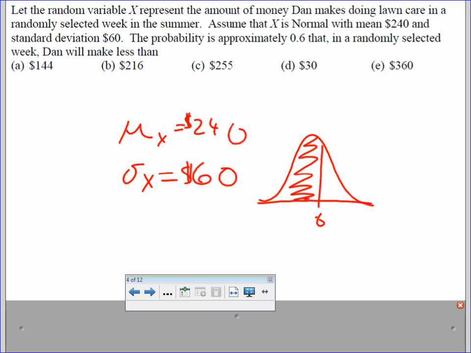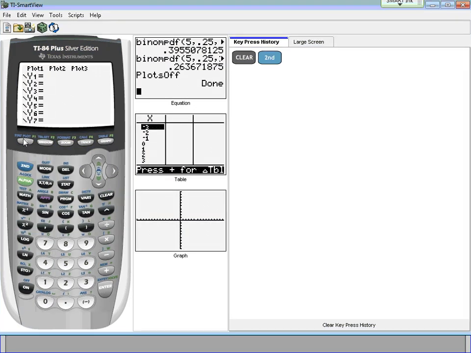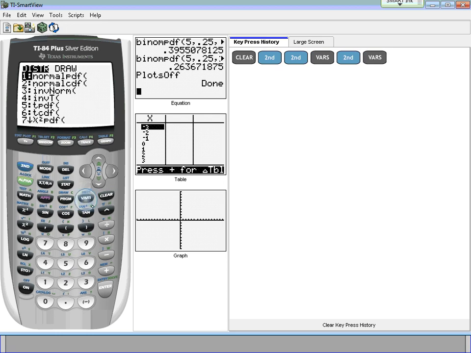And so if you use your calculator, we're going to clear that. What we'll do is we will go to distributions, and we'll go to inverse norms. Area is 0.6. Now remember, this is the only place you can get into trouble with this.